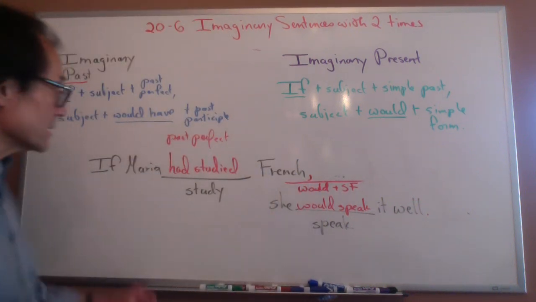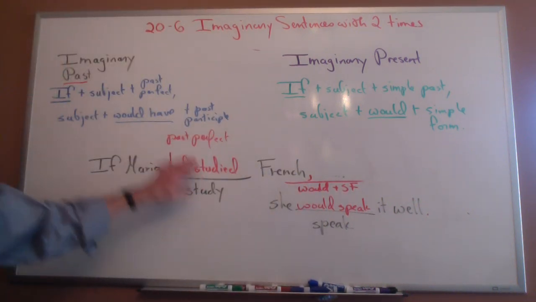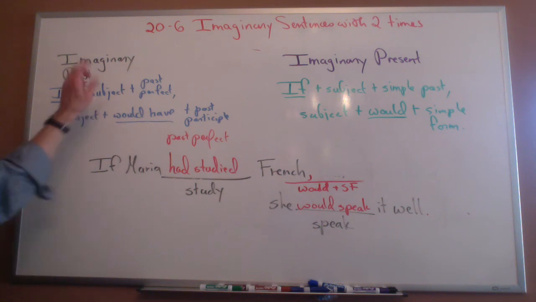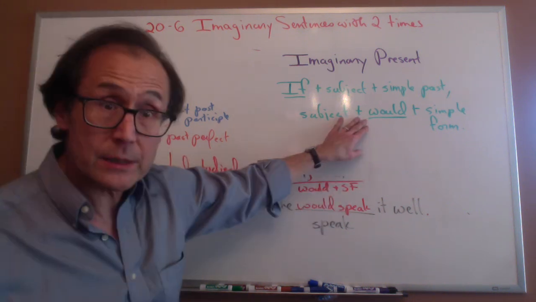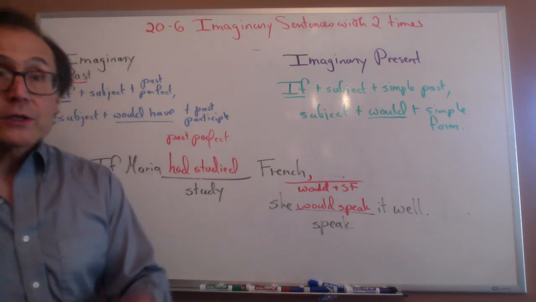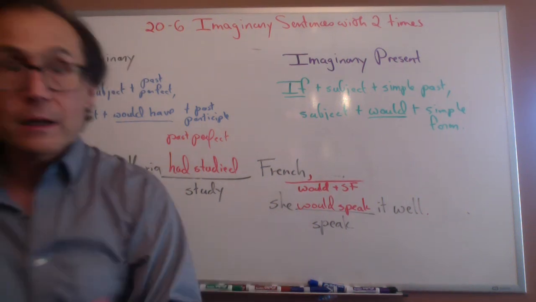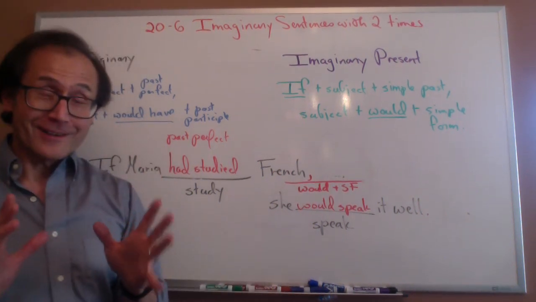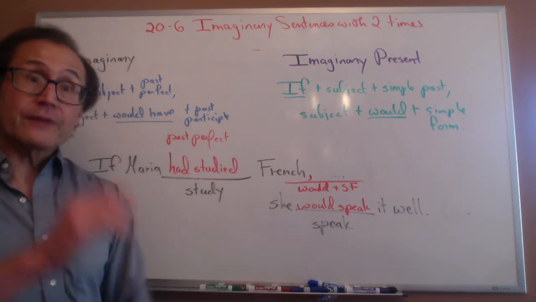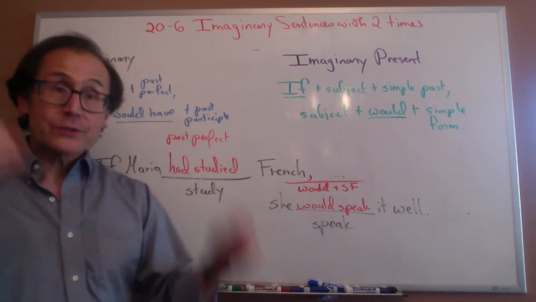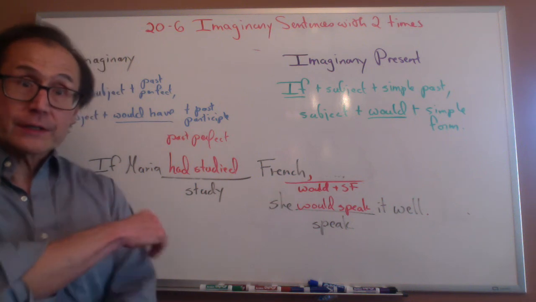And the reason is, here I use the past imaginary form. Here I use the present imaginary form. So for teaching this, it helps make it a little clearer if I put the times in so that it's really clear what I mean for you to fill these in.